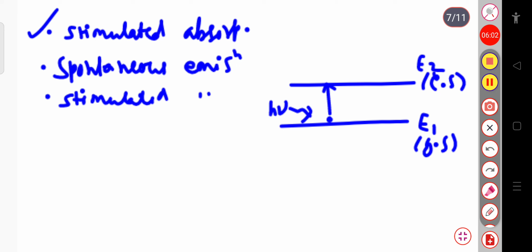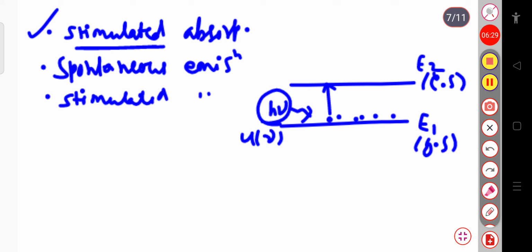In this upward transition, the stimulated absorption will depend on the number of particles available in this state E1, and also for the stimulation we need a photon of energy h nu, so it will also depend on the density of the photon.